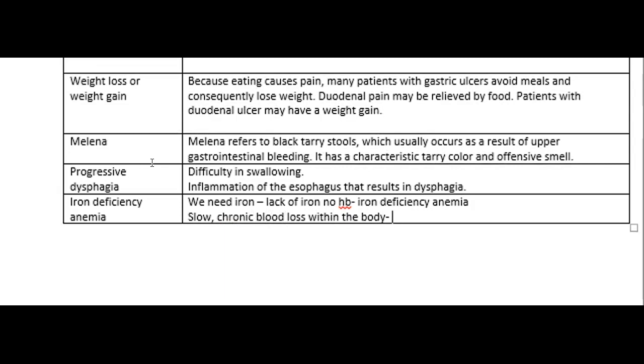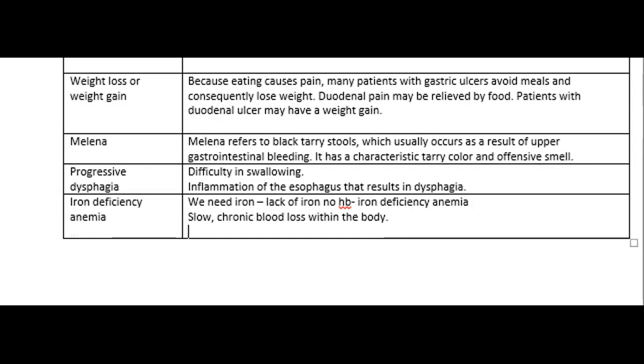And as the mucosal lining is damaged, there is no proper absorption of food, so no iron is being absorbed. As no iron is being absorbed, there is no iron for the production of hemoglobin, which leads to iron deficiency anemia. Okay, and that's it for signs and symptoms.